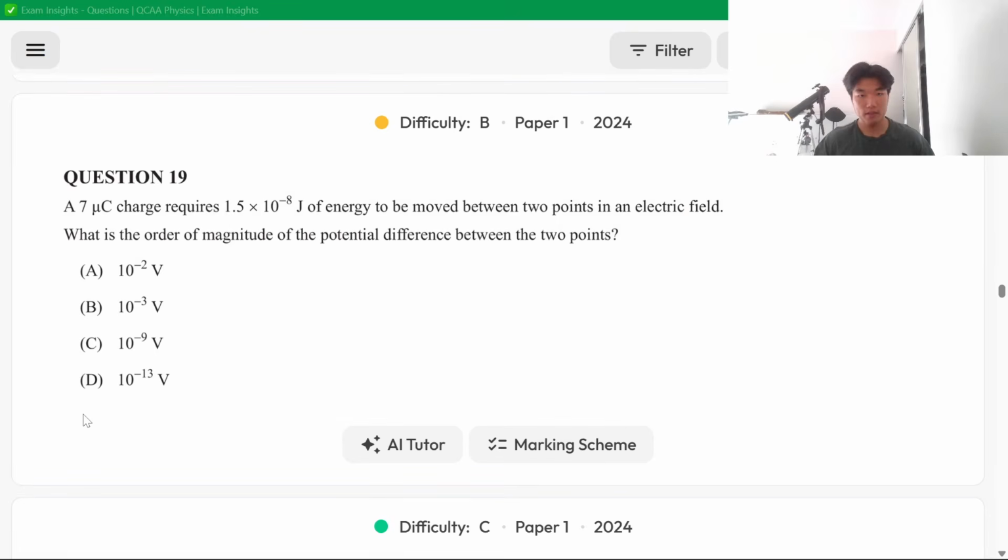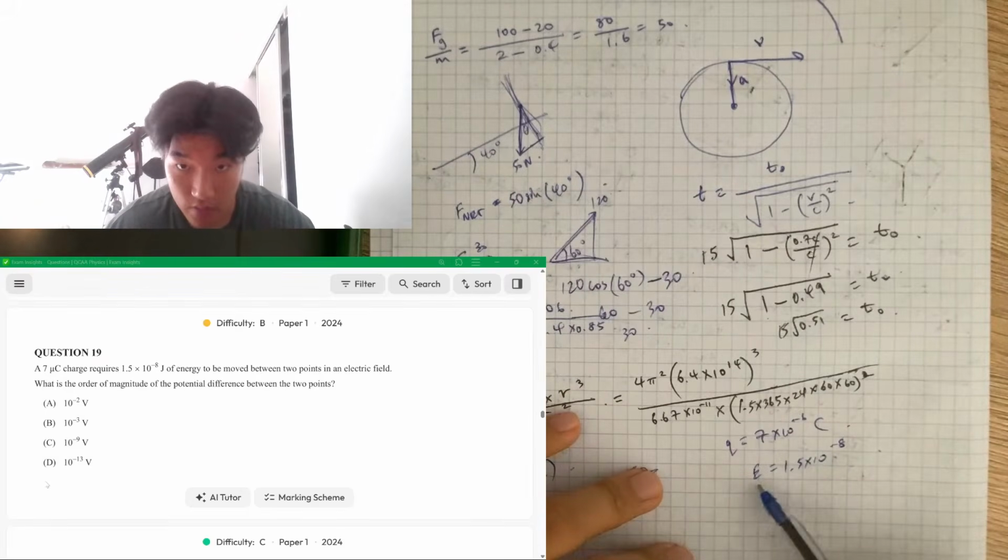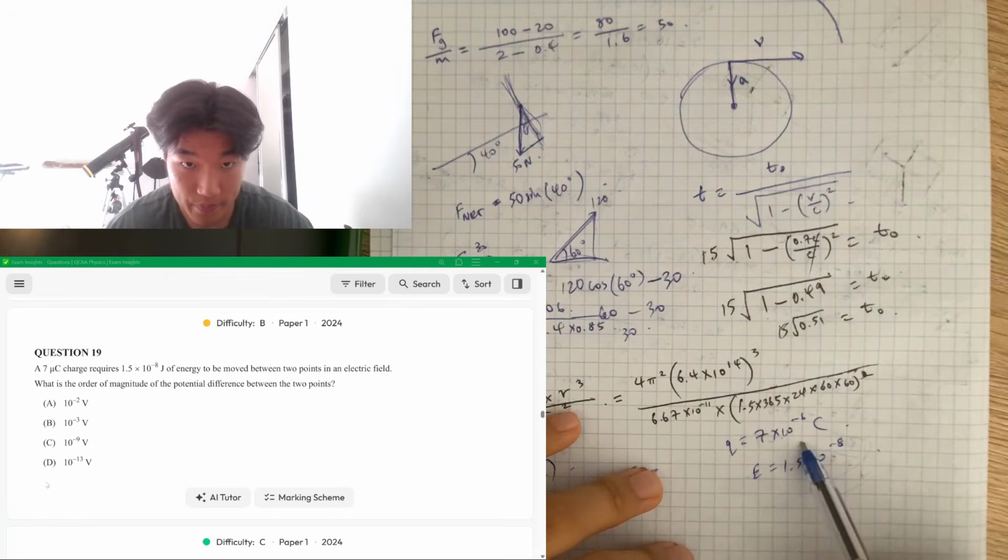Okay, let's write those down. So in this case, this amount of energy is used to move the charge.